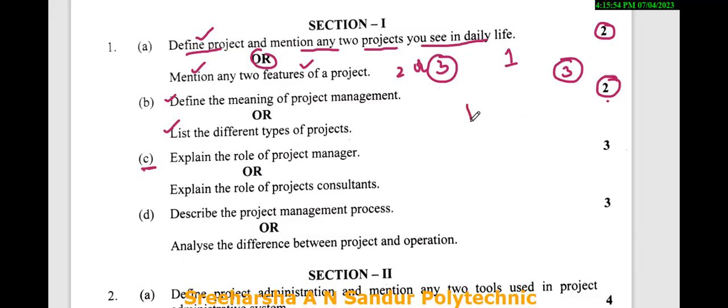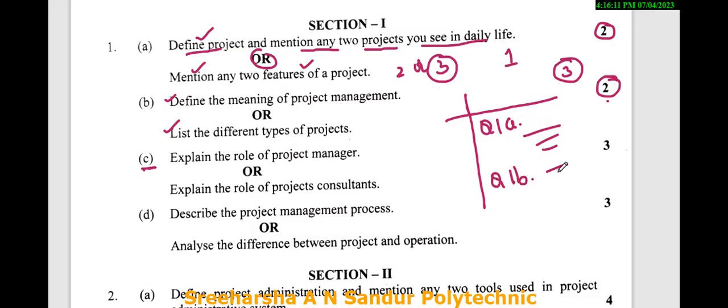Remember, you will have a margin on your answer booklet, so always answer within the margin. Put your question number here like this. Question number 1A, start answering. Question number 1B, start answering. Question number 2C, start answering.